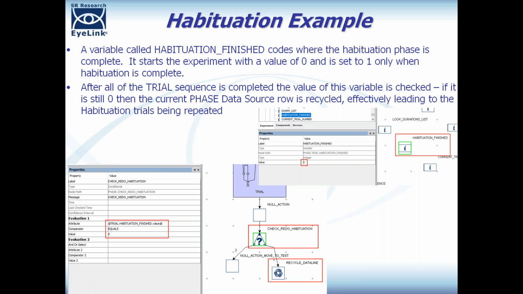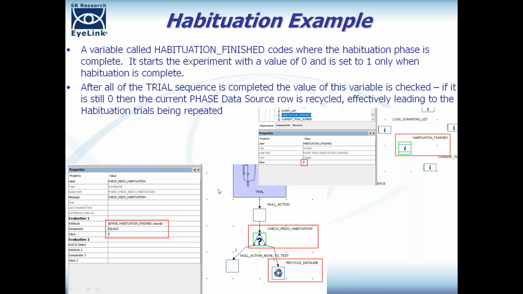They're just used as a way of storing and getting values, just like in any programming language or in math generally. You have a variable that can take on a value, and its value can be changed and accessed. So we're going to have a variable called habituation finished, and it's going to start with a value of 0 at the beginning of the experiment.